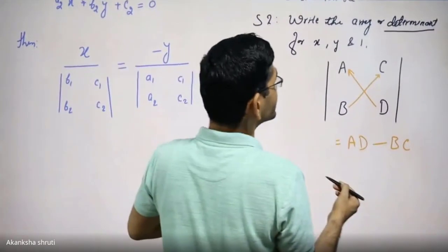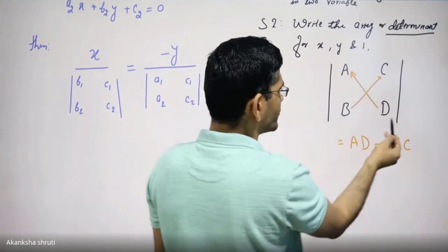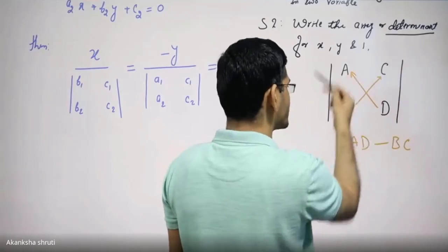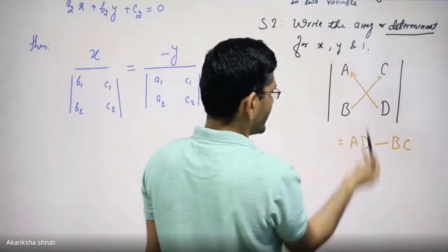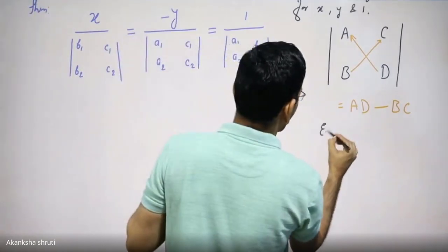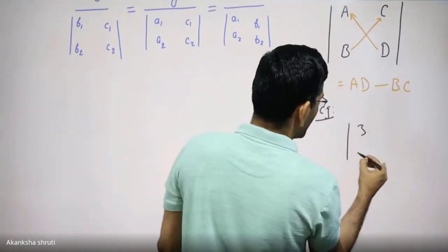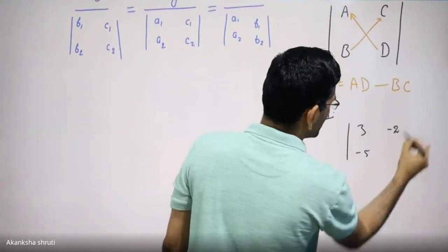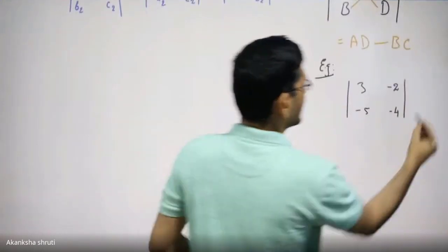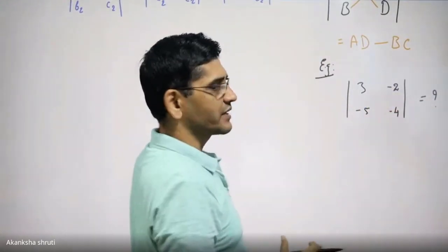So this is what the determinant or the array means. Its algebraic value, or the value of this arrangement written in array or determinant form, is AD minus BC. Let us consider one example. Students, in mathematics, if you have written 3, minus 5, minus 2, minus 4, this is the arrangement written, and what is the value this determinant represents?